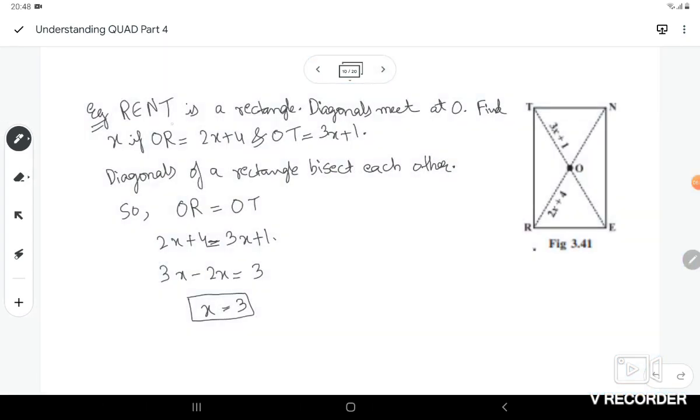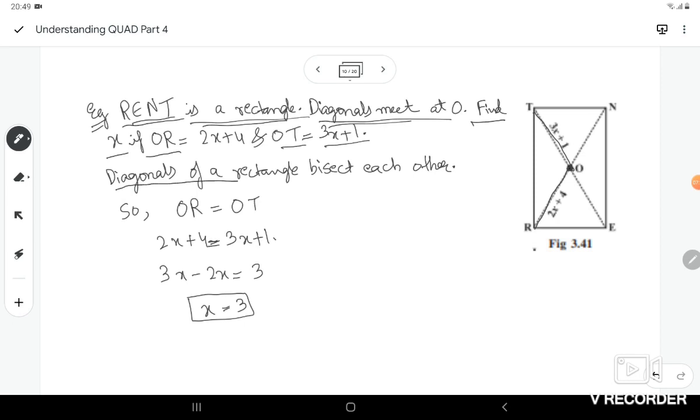Now moving on to an example of the rectangle properties we have studied. It says RENT is a rectangle. Its diagonals meet at point O. We have to find x, if OR is equal to 2x plus 4 and OT is equal to 3x plus 1. How are we going to solve for the value?